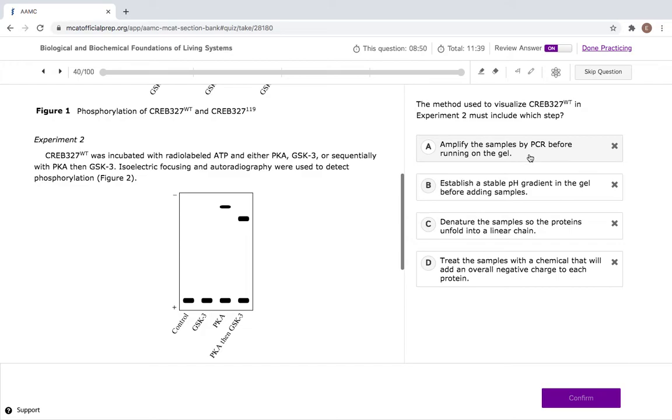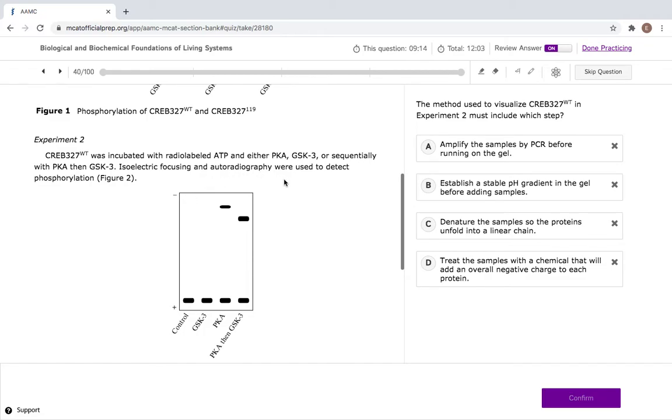Amplify the cells by PCR before running on the gel. Okay, that's in gel electrophoresis. We do that. You would never do this in isoelectric focusing. That's completely different. Isoelectric focusing separates on isoelectric point. An isoelectric point is when the protein is neutral. And the protein becomes neutral by traveling in a pH gradient.